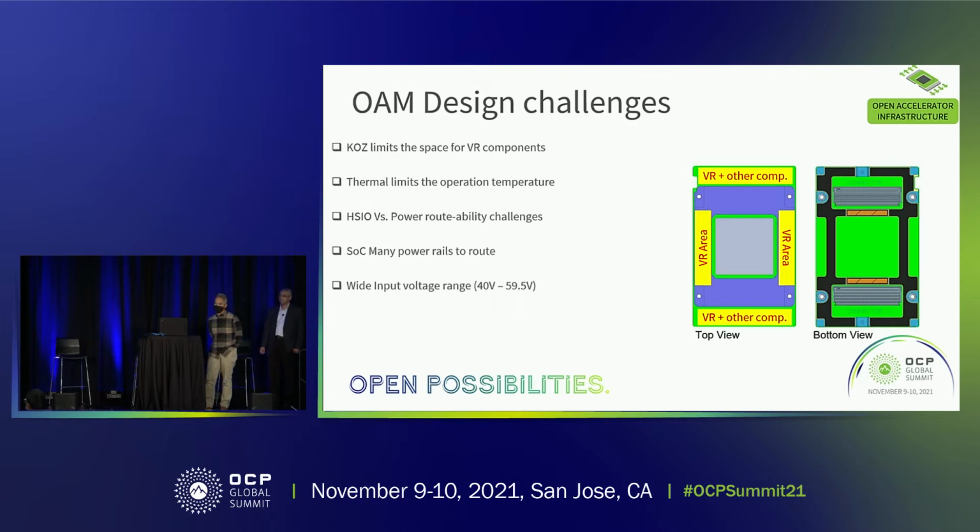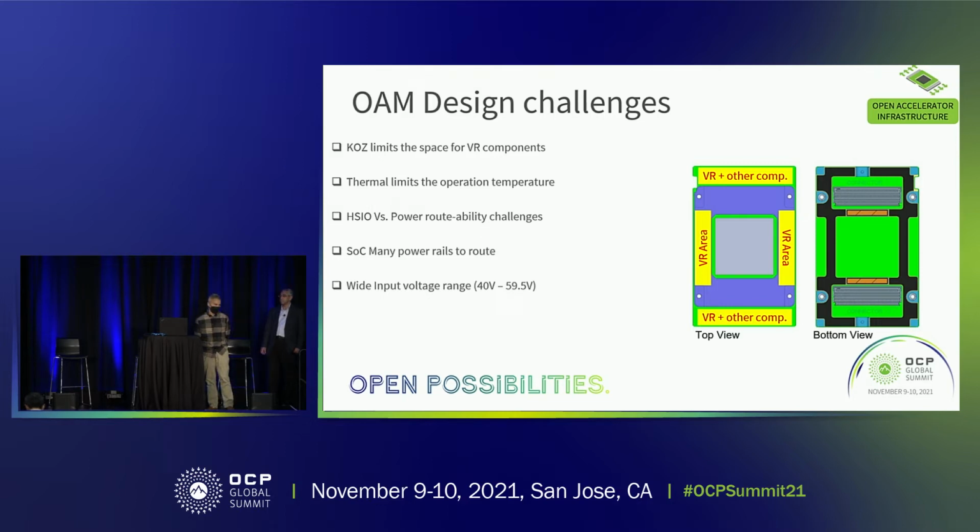The W4 is a 45 degrees C inlet temperature spec, and that really poses a challenge to how much power can be delivered to the SoC. And we're talking about 700 watts, 1 kilowatt. So the thermal limits really pose a challenge for the PD and for power delivery.